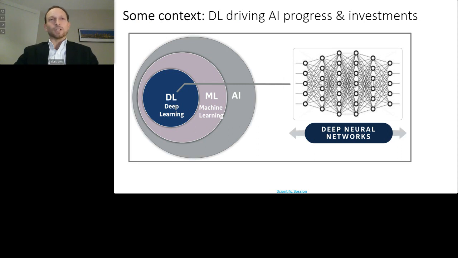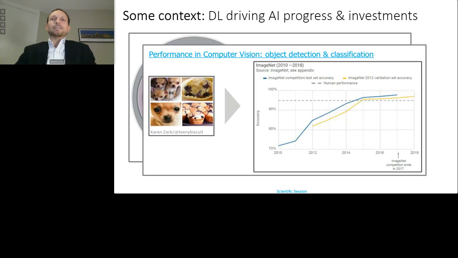What's really special about deep learning is that it uses very deep neural networks that allow it to learn very, very complex patterns. These patterns are really crucial for some of the applications that we will be seeing in a moment. This has been the primary driver of the recent progress with AI. Deep learning has really made a massive difference in the last few years.